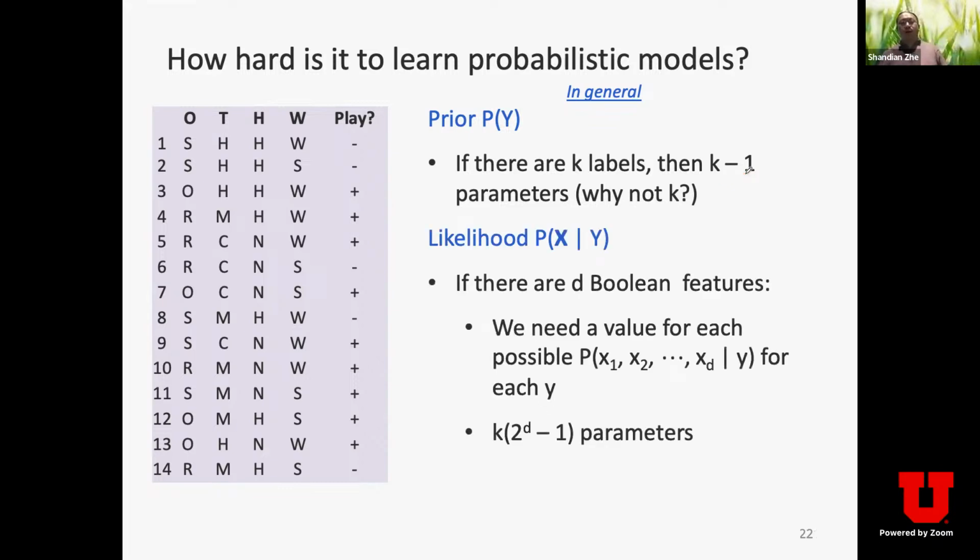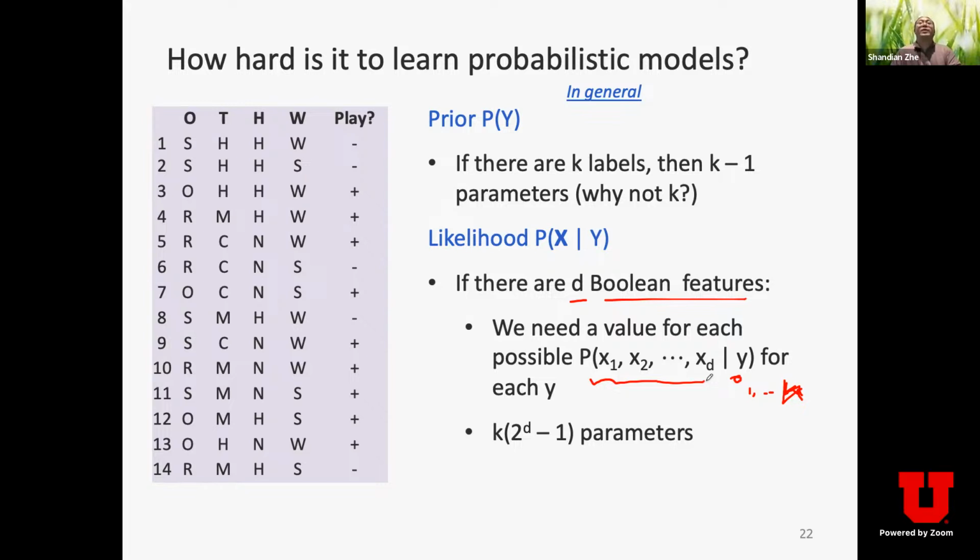Then let us consider you got D features, and for simplicity, we assume those features are all binary. Then for each particular value of the label, which could be 1 to K, suppose you are given a particular choice of y, you need to determine a probability distribution over all configurations of these D binary features.